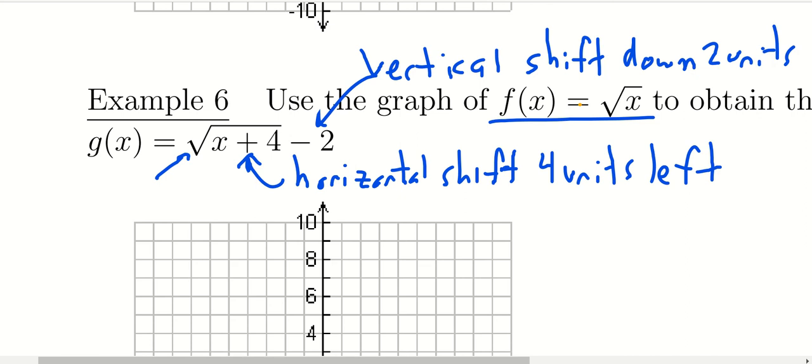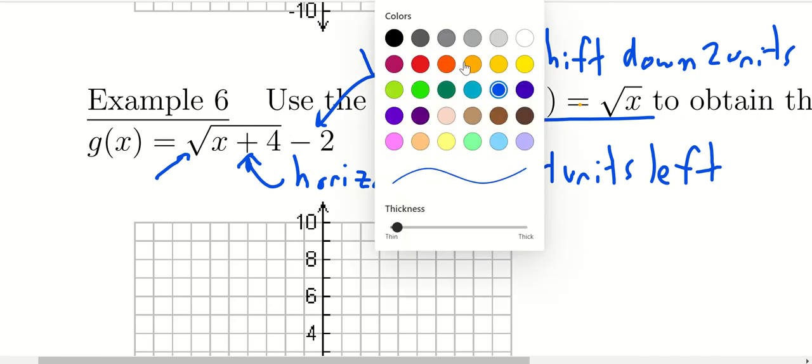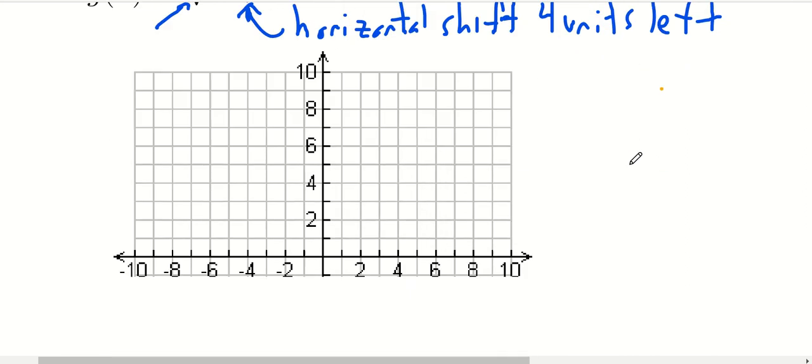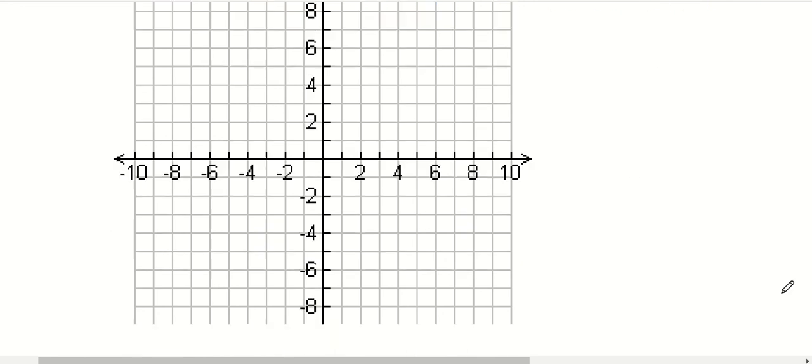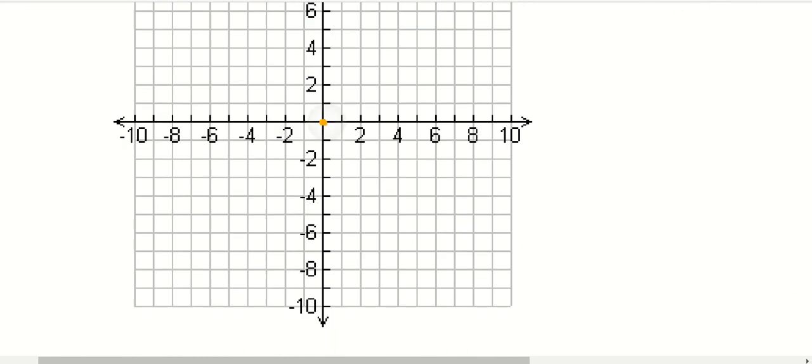So first things first, let's start off with our parent function. The square root of x, again, a couple key points you always want to keep track of here: 0, 0, 1, 1, and 4, 2. It's going to look like this.